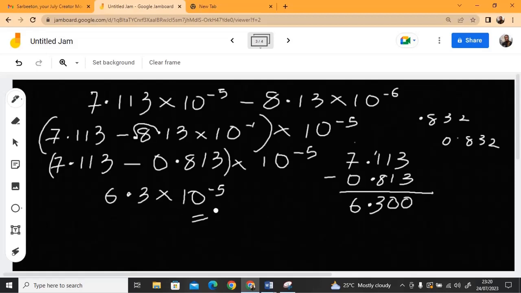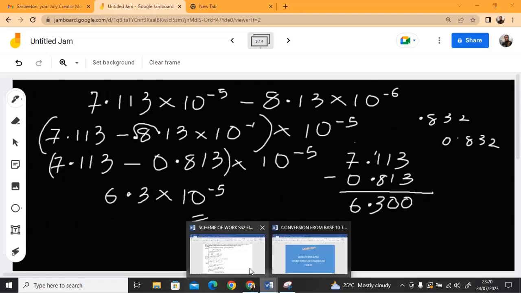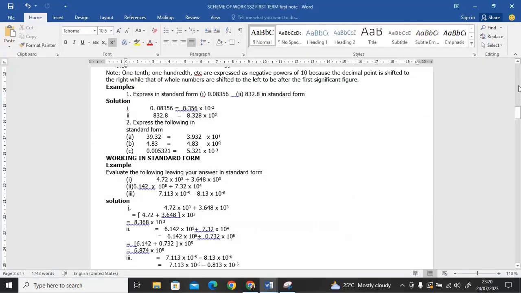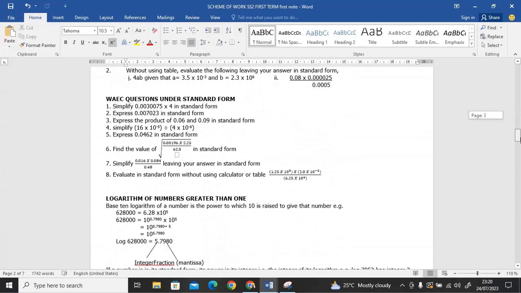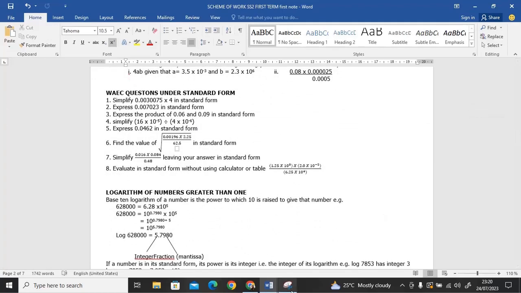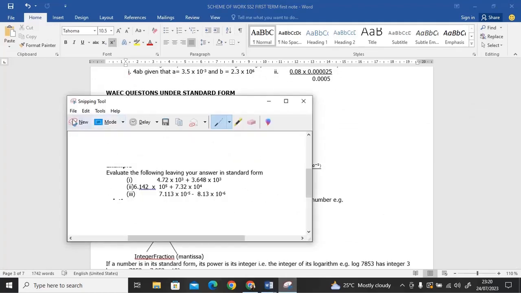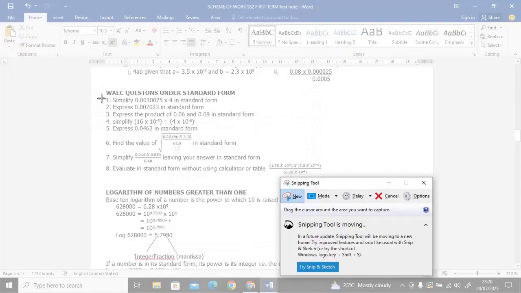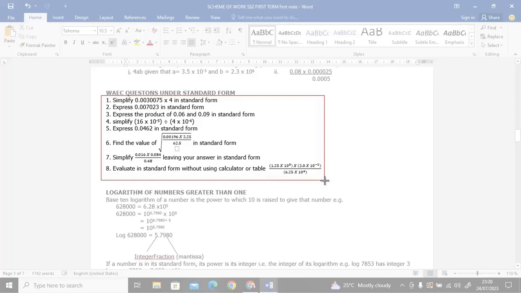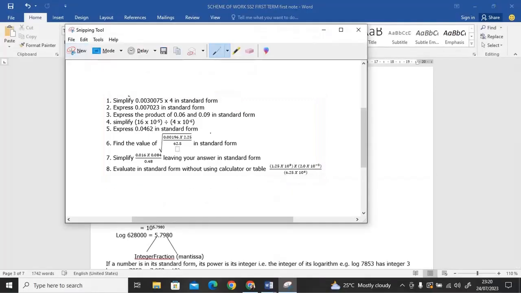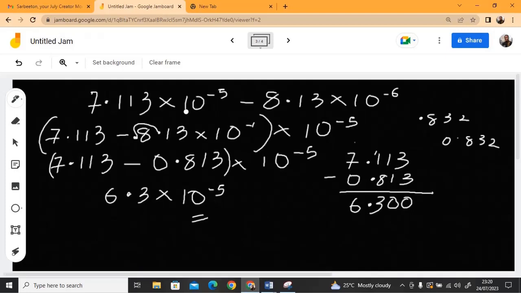So let's look at some more questions from this chapter, from the notes that we solved together with standard form. The questions are here. Let me just snap it, then you solve it together. Okay, I hope this will not take us much time. So let me clear this frame, I don't need it.